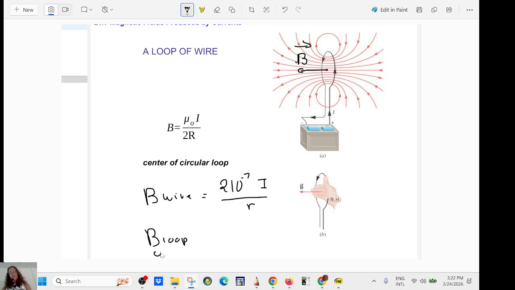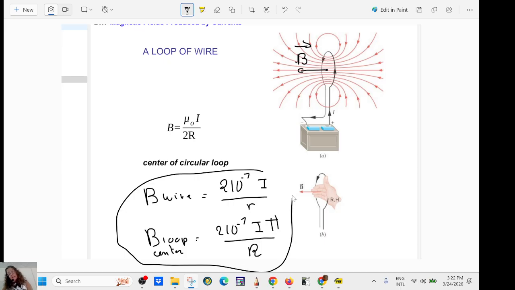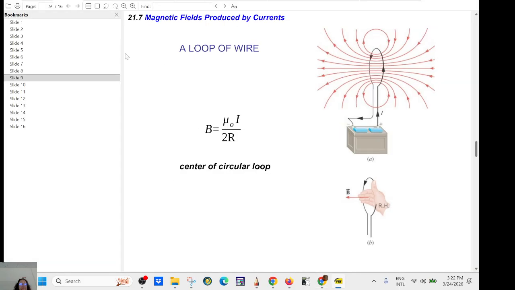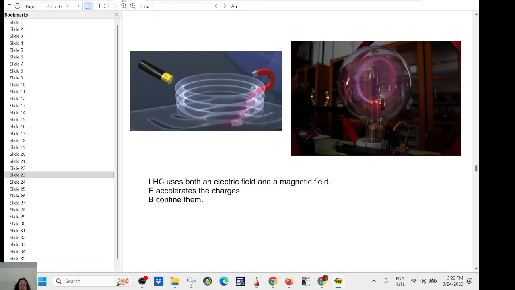So the magnetic field at the center of the loop, the equation looks the same, but you're going to add a pi here. So you have 2 equations here. Or you can use this one. It's just a shortcut.